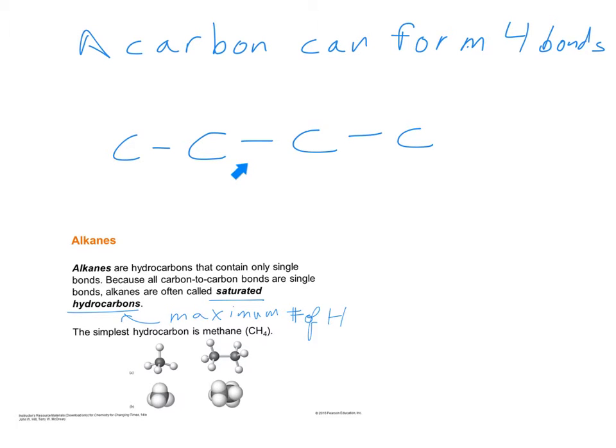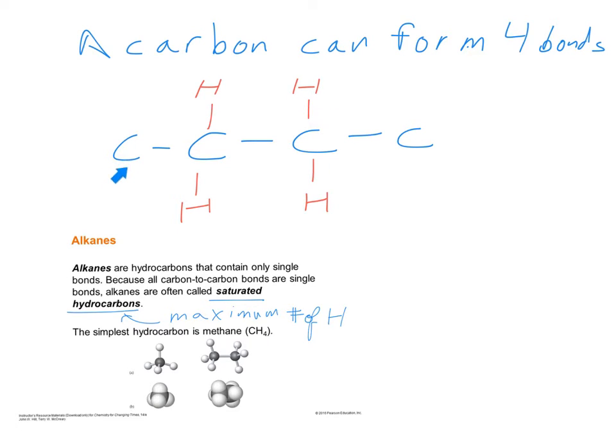Each of these carbons in the center has to use 2 of its bonds to keep the chain going. That means each of these carbons in the center can bond to only 2 hydrogens. Because they're bonding to 2 non-hydrogens, they only have room for 2 hydrogens.